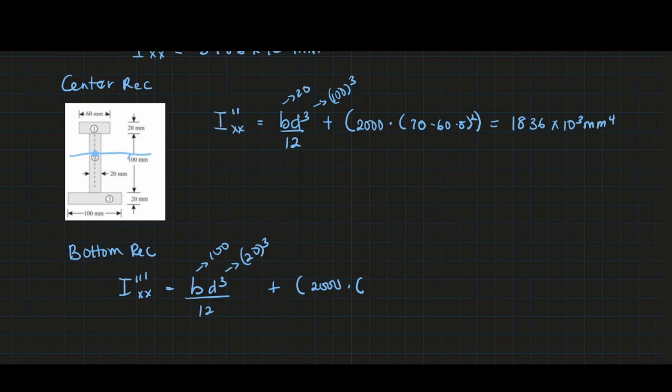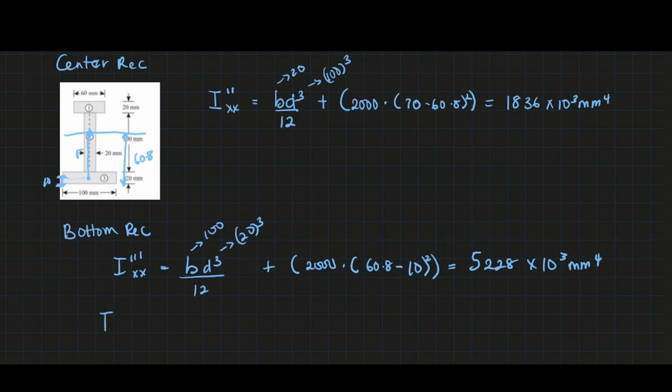The moment of inertia reference line somewhere along here is 60.8, and its center of gravity is from this point to this point, which is 10. So r is 60.8 minus 10, squared. If you solve all of this, you're going to get 5228 times 10 raised to 3 mm^4.